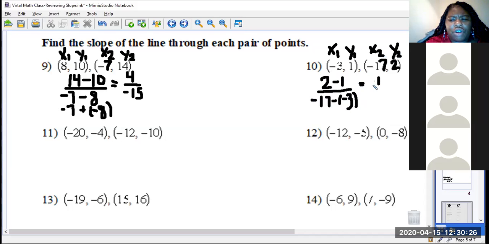So we have 1 over negative 14. Oh, 4. Yeah, that's right. Why did I get 20 from? I don't know.